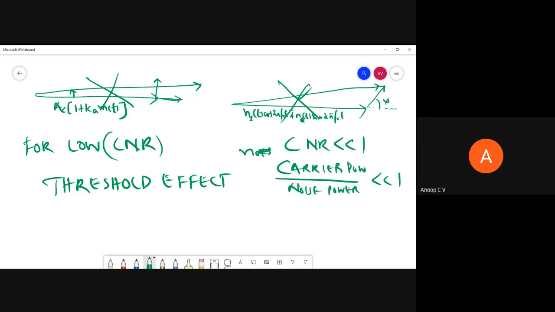At that time, the message will be lost. That is called the threshold effect. And this threshold effect is present only in non-linear type demodulators, for example the envelope detector.